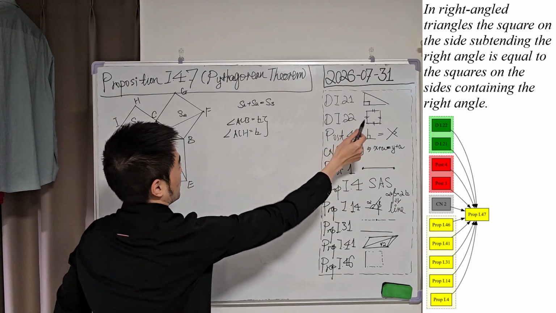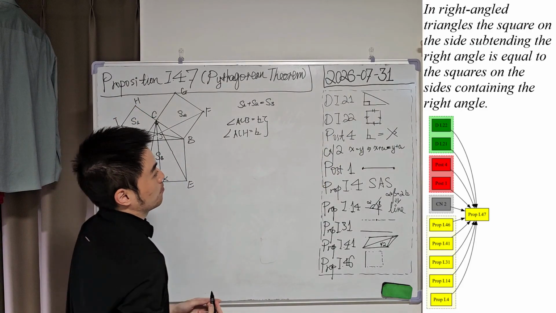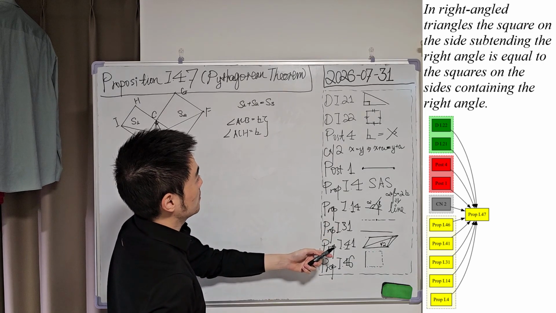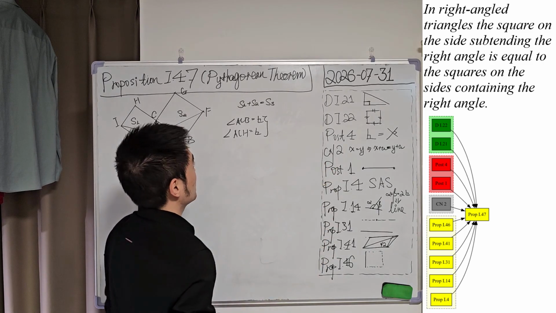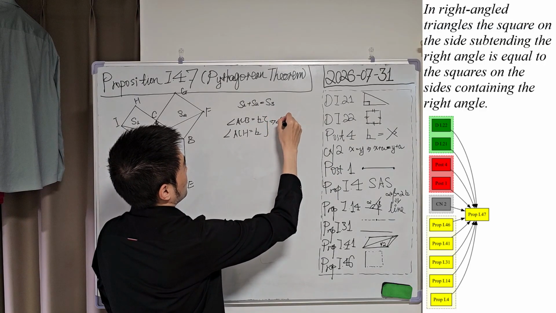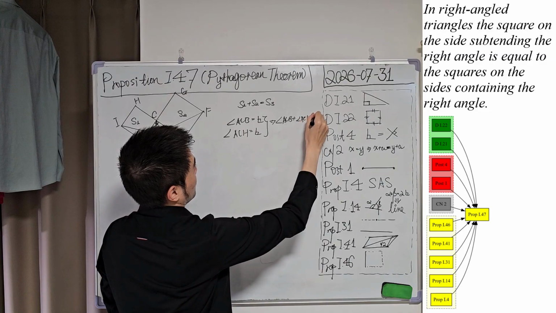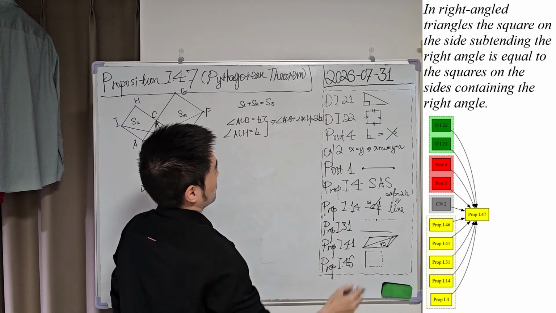It is right angled, so this is the interior angle of a square. If we apply common notion 2 and add them together, angle ACB plus angle ACH will be equal to two right angles.